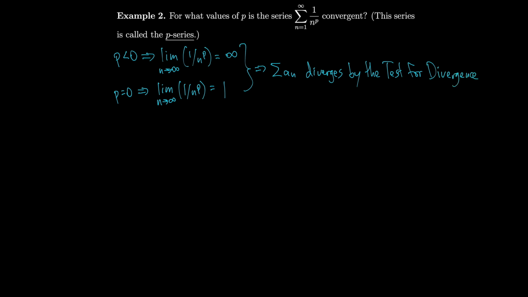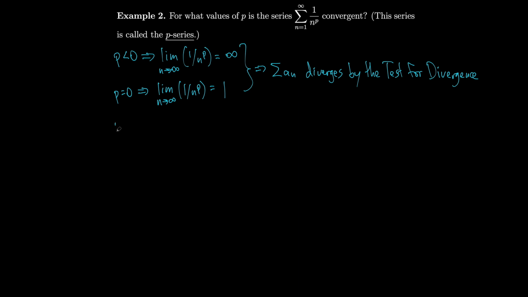Notice in the first case, putting a negative value for p is the same thing as really just summing up n to the p, because it's in the denominator, it moves it to the numerator. And summing up n to some power over and over and over again, there's no way that could possibly converge. So we saw negative values of p, we saw 0 value of p.